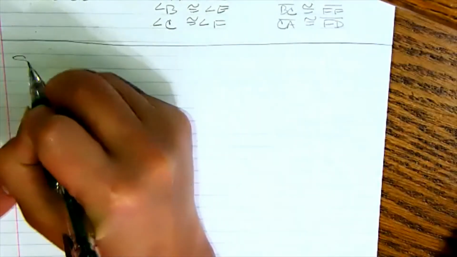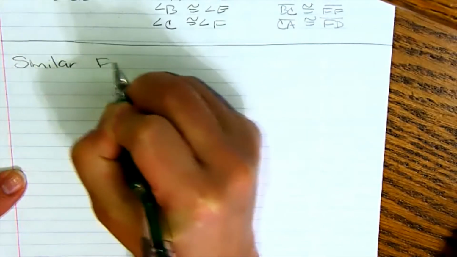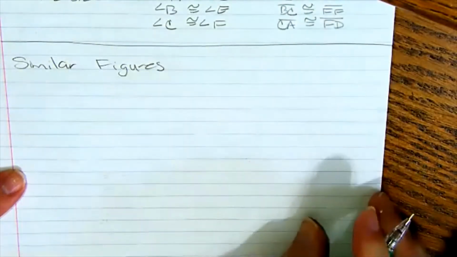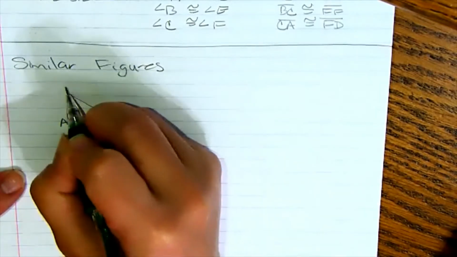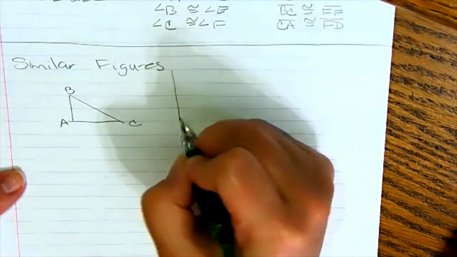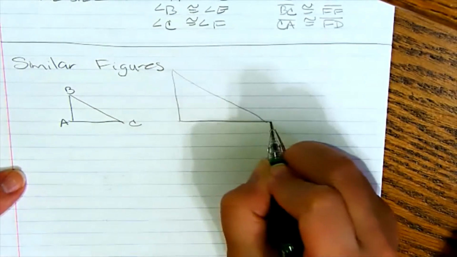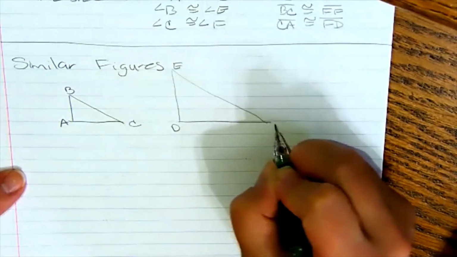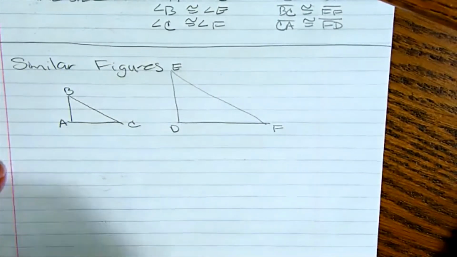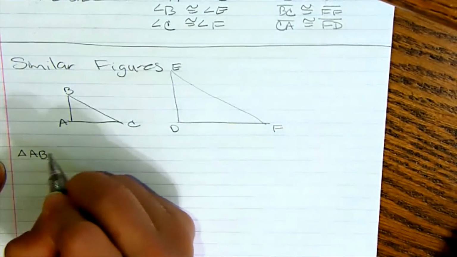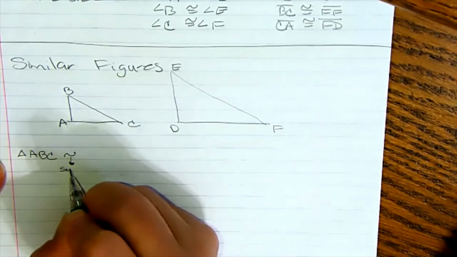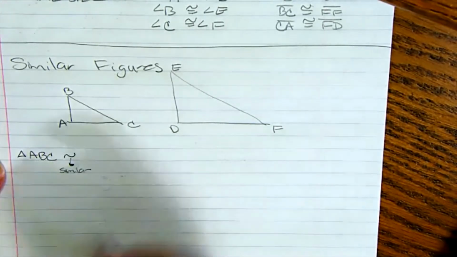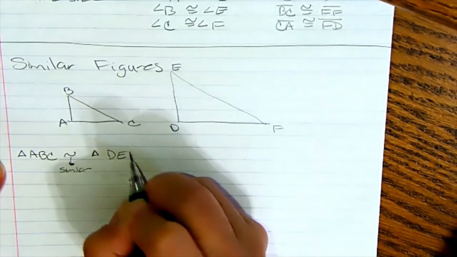Let's talk about similar figures. So we have triangle ABC and triangle DEF. And I am telling you that triangle ABC is similar, this is the symbol for similar, to triangle DEF.